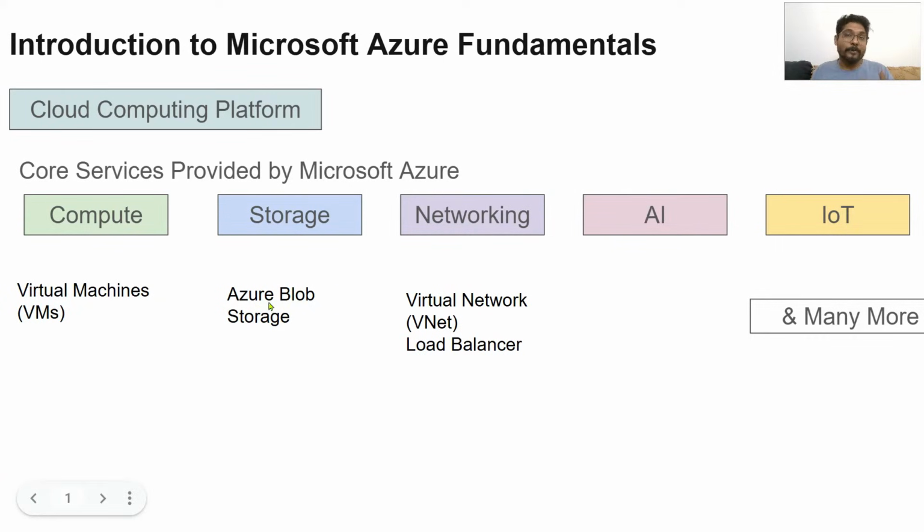For example, I need a SQL database, I can get it. I need some networking related solutions, load balancer, virtual network, and so on, I can get them. I need something related to AI, I can get it from Microsoft Azure. I need some services related to Internet of Things, I can get them. There are many more services offered by Microsoft Azure.